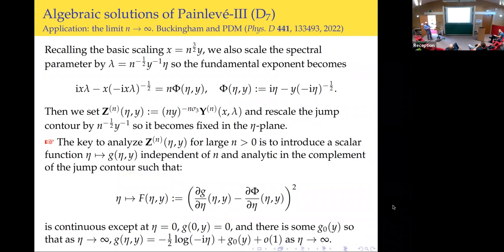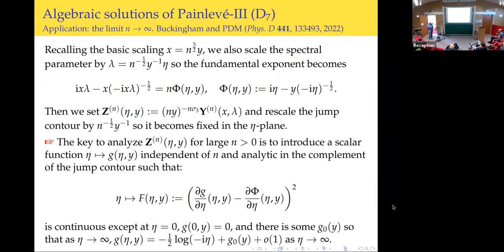That's the key. And the way we do it is to introduce a scalar function called g of eta, depending parametrically on y. It's independent of n, it's analytic in the complement of that jump contour. And the thing we want to do is pick it so that if I build this function f of eta as dg/d eta minus the derivative of this thing, and I square it, that function should be continuous except at eta equals 0.